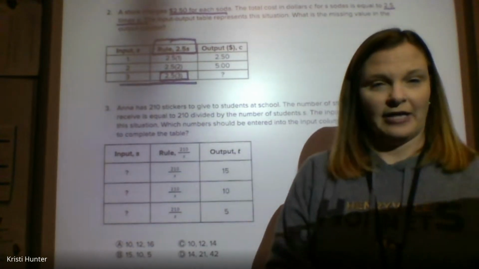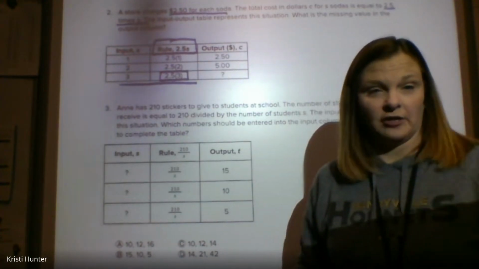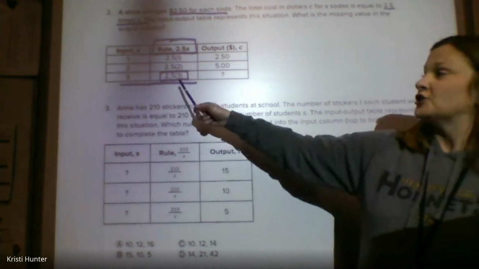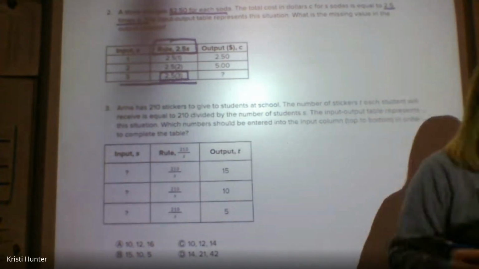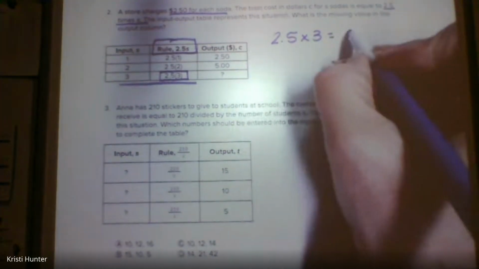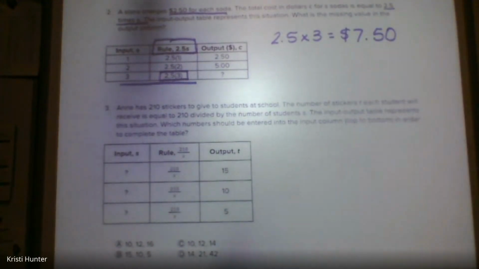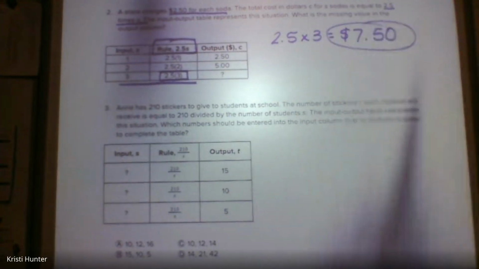I know you may not have that at home, but if you have your phone, you can use the calculator that's on there, okay? So we have 2.5 times 3. So that's just what I'm going to type into my calculator. I'm going to type in the 2.5 times 3, and out is going to come 7.5, or in this case, they would owe $7.50.